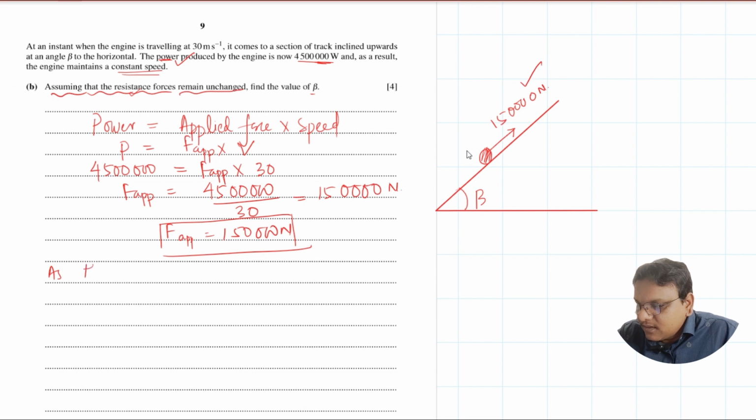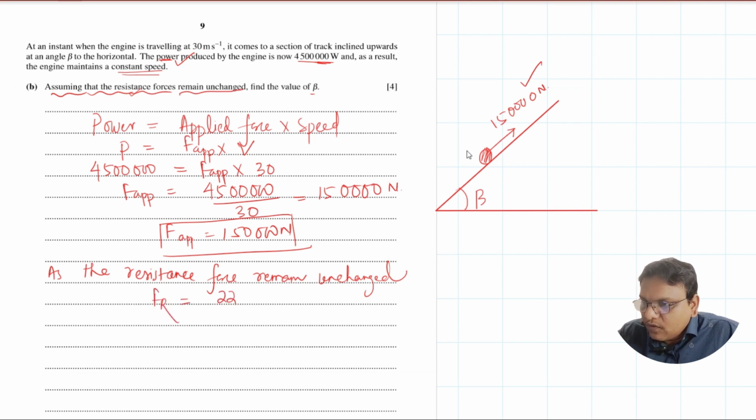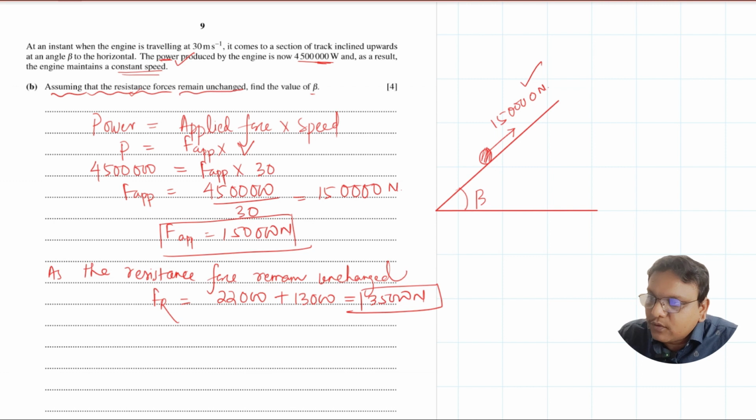As the resistance force remains unchanged, that means the force due to resistance will be 22,000 Newton plus 13,000 Newton, which is equal to 35,000 Newton. Try to understand what I'm willing to say here.